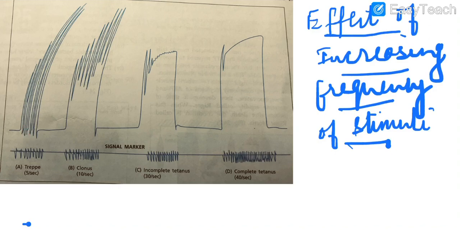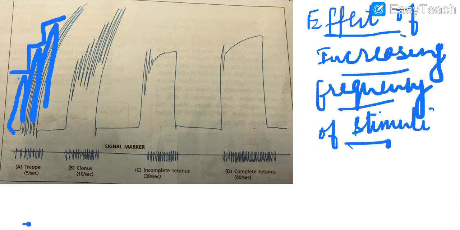Let me try to draw the diagram. Say this is the effect we got, it was supposed to end over here, but before just touching the baseline we provide the second stimulus. Now the effect of the second stimulus was about to touch the baseline, we provided the third one, right?